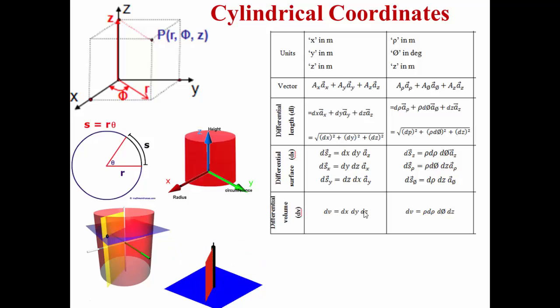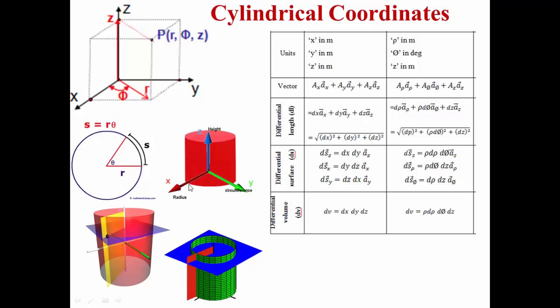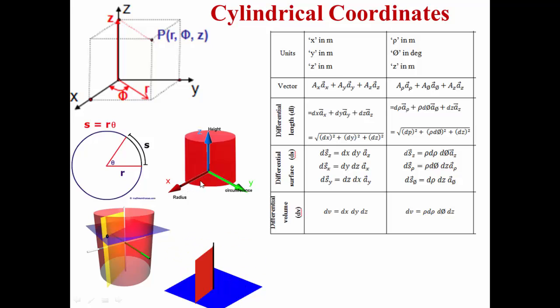Now we will discuss the cylindrical coordinate system. For the cylindrical coordinate system, the example is the cylindrical object. This is a cylindrical object. Here, the radius of the cylinder is in x direction.